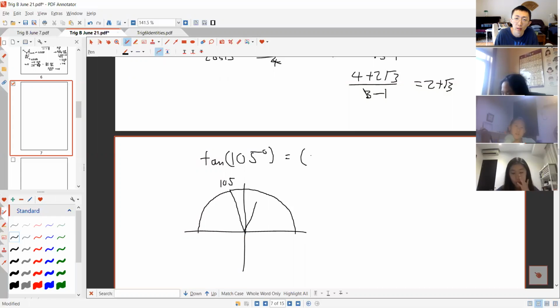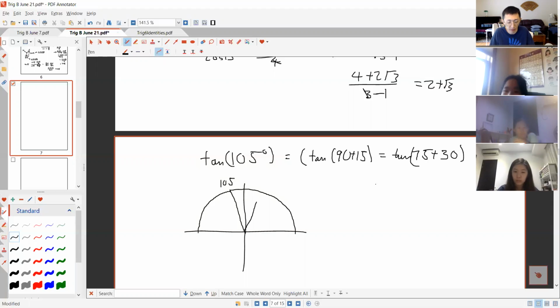Okay. So both of these are valid suggestions. But what if we wanted to avoid multiples of 15 that aren't 30 or 60 multiples? What if we only want to use 30, 45, and 60, or 90 plus or minus that?